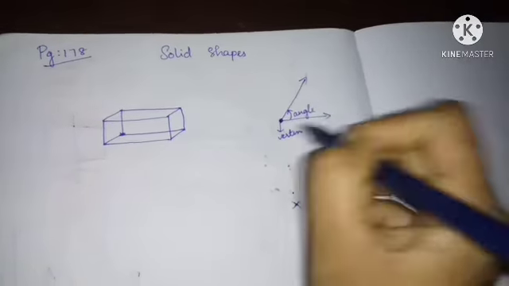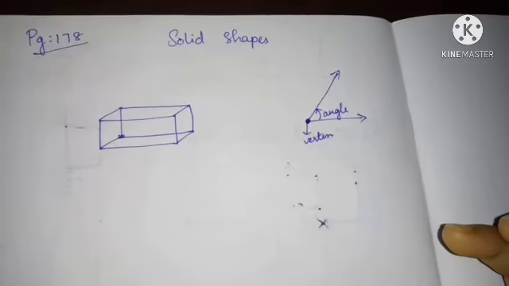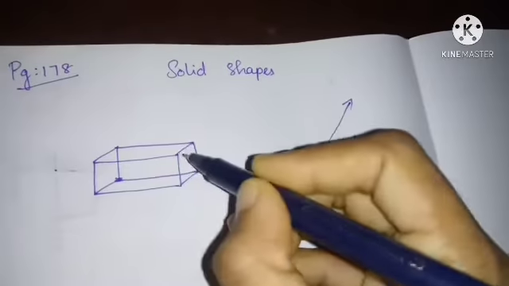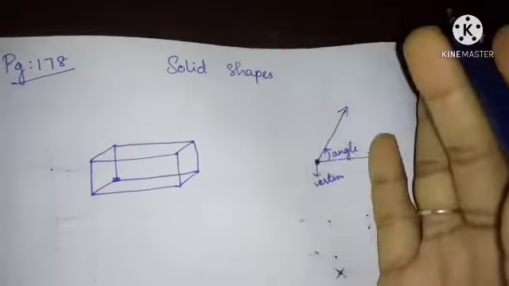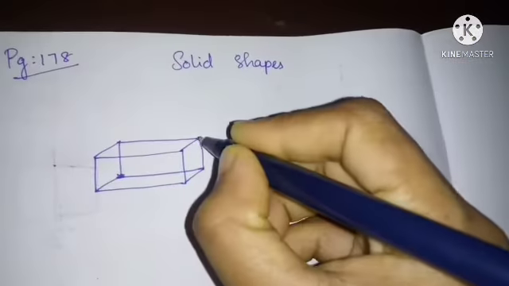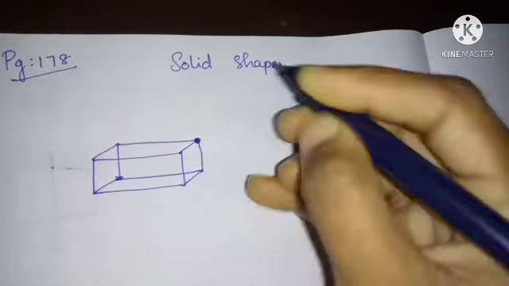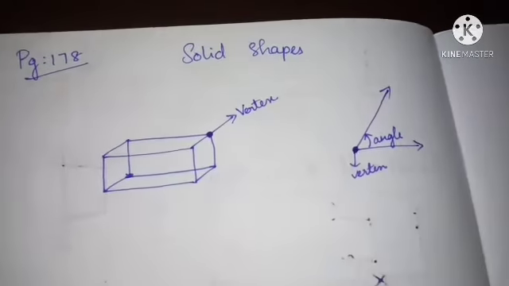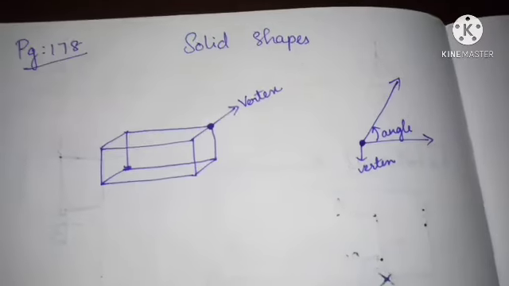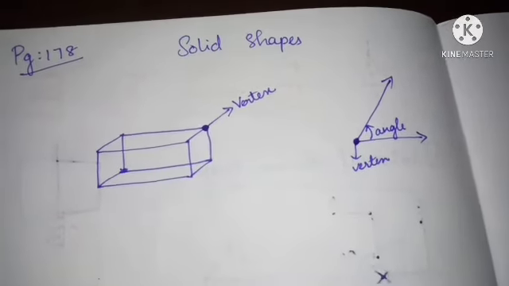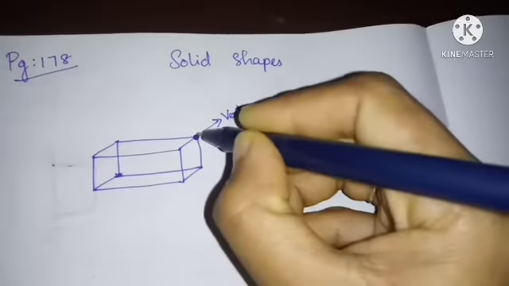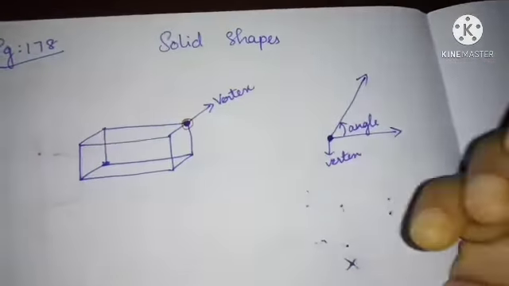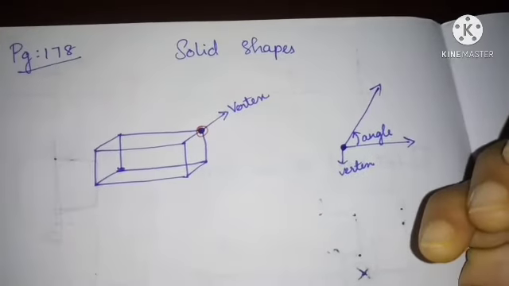In the same way here, two line segments or three line segments, any line segments touching each other at a point, it is called a vertex. How many line segments, that is not considered. Any point where they touch each other is called a vertex.